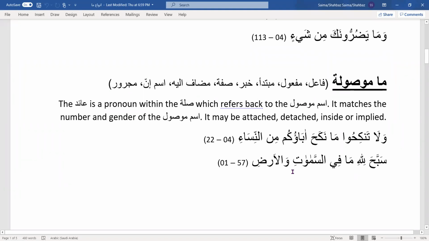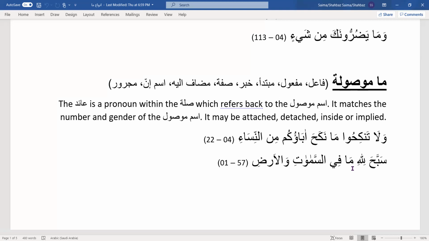So because ma fis samawati wal ard is the outside doer of sabbaha, in other words, it is a fa'il. What is the status of fa'il? It's marfu. So the status of this whole thing, the mausul and its sila together, is rafa. It is marfu.